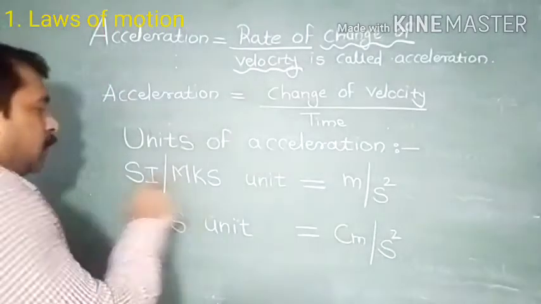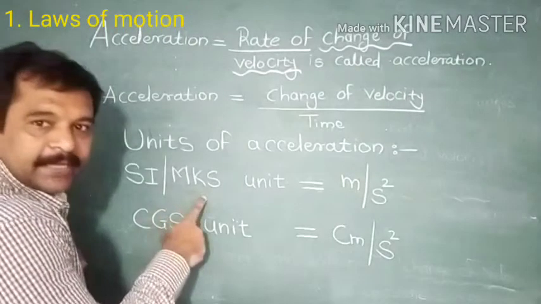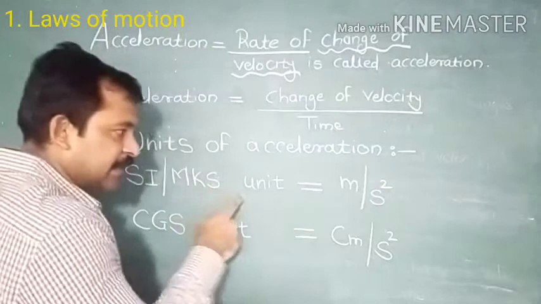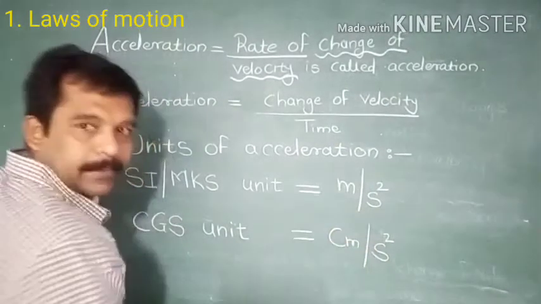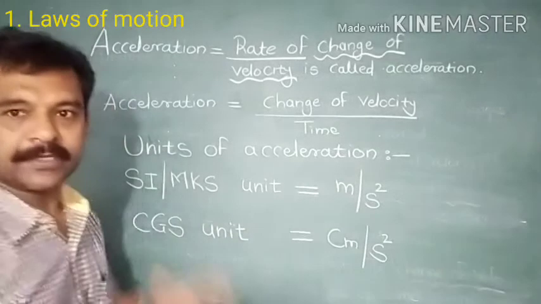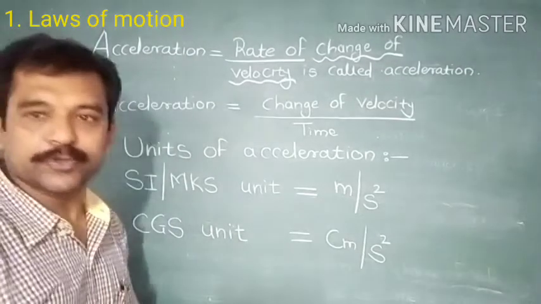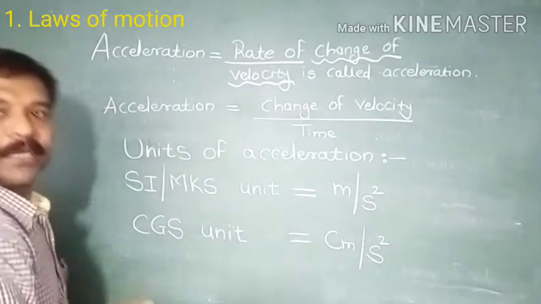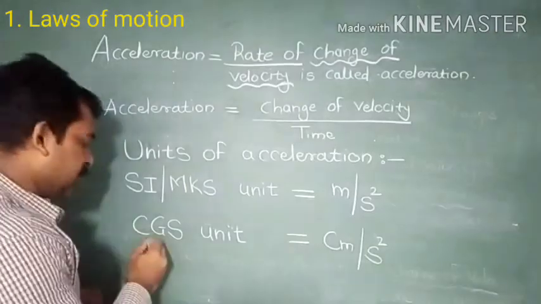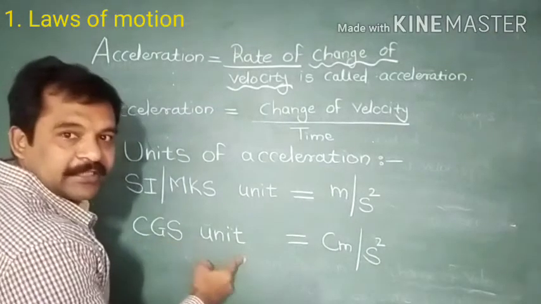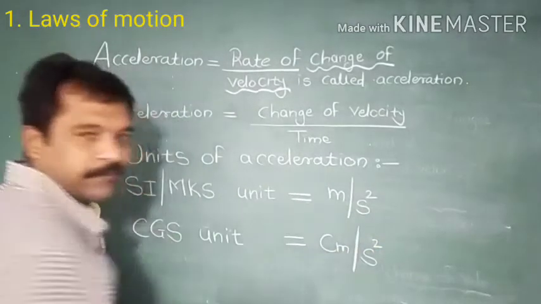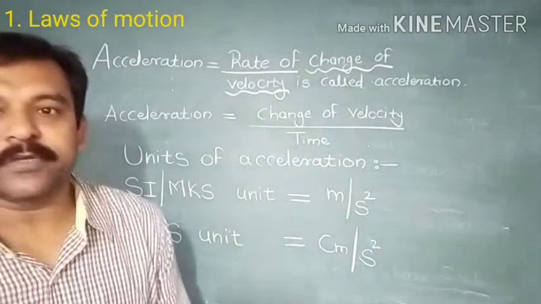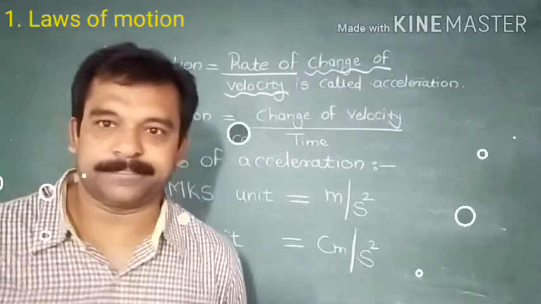See, the SI, that is MKS unit of acceleration is meter per second square. Meter per second square is the SI or MKS unit of acceleration, whereas the CGS unit of acceleration is centimeter per second square.